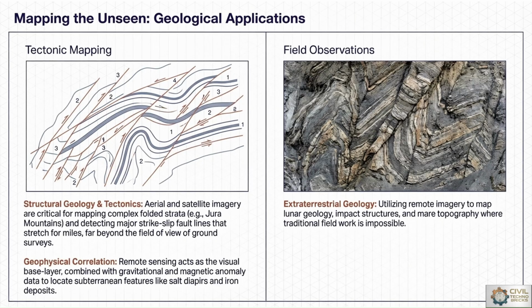We can collect the data from a raw point of view, where the exact topographical or geological conditions, textures, and patterns are studied, utilizing remote imagery to map lunar geology, impact structures and terrain, where traditional fieldwork is impossible. Likewise, we can take our decision as engineers which site is suitable for the foundation of any dam-like structure or for any roadway or railway lines.